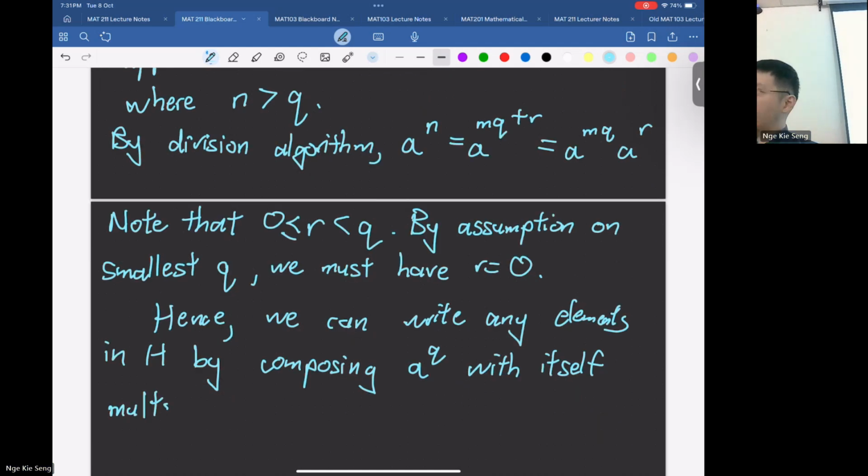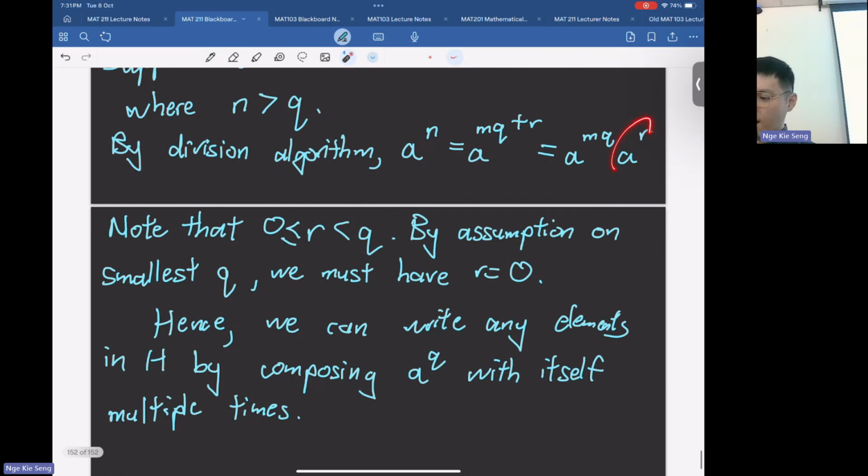Does it make sense? Because our r is 0 already, so we can write A^n as a multiple of A^q. Any question? No question?